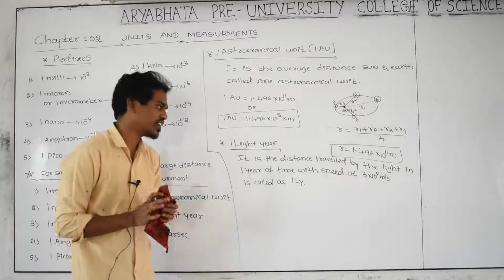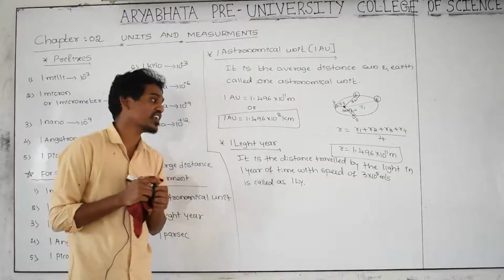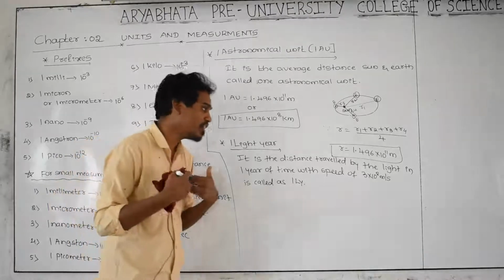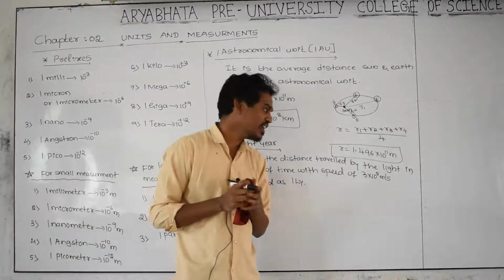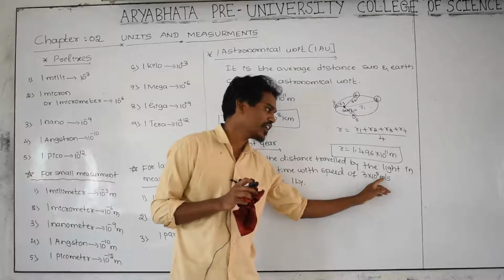What do you mean by 1 light year? It is the unit of distance. As you know very well, in a vacuum, what is the speed of the light? 3 into 10 to the power 8 meter per second.